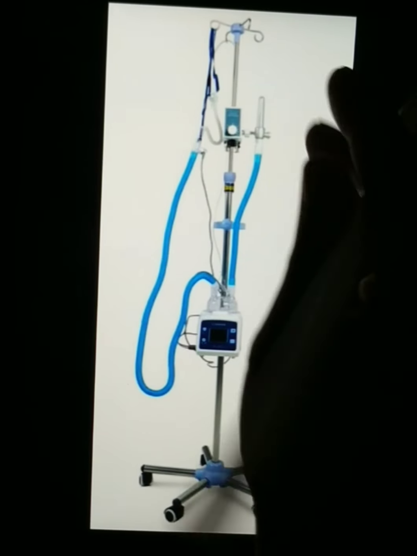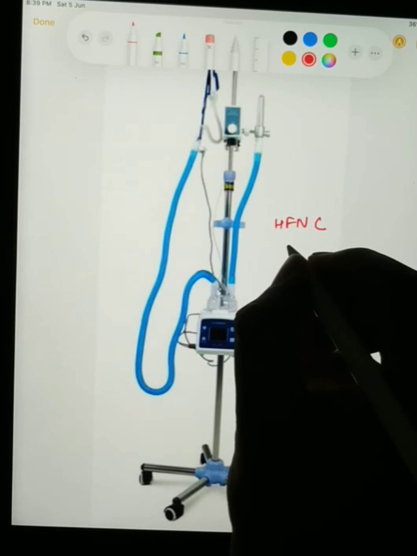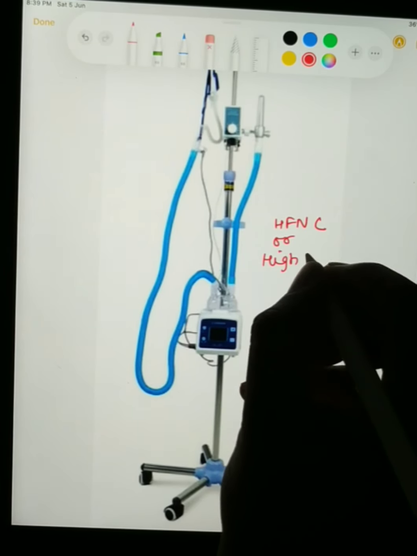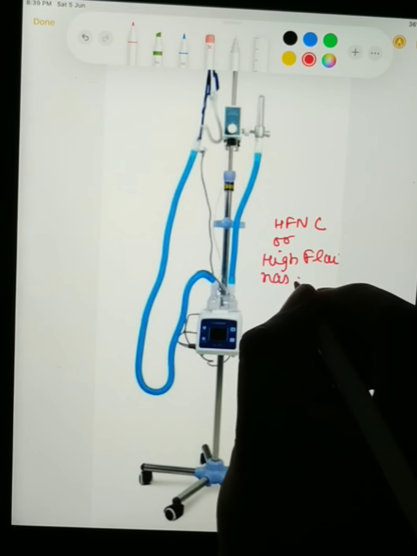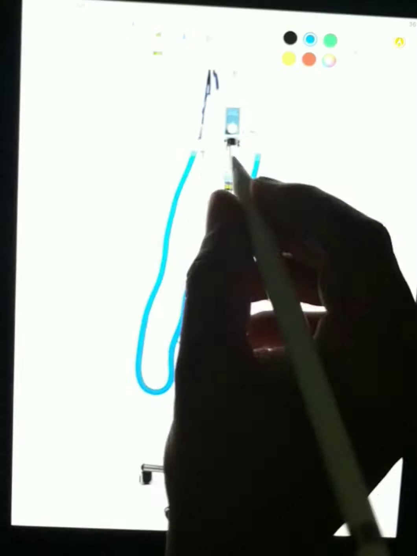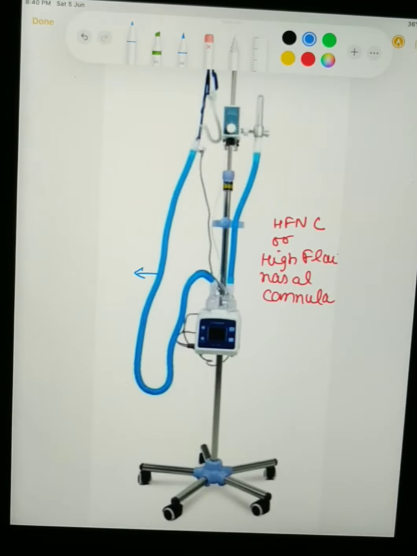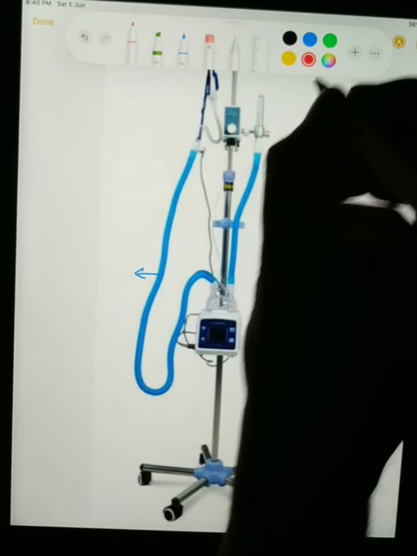Finally, in the high flow system, there is the high flow nasal cannula, HFNC. This is very important. Here are the parts of the high flow nasal cannula. This is the heated inspiratory circuit.